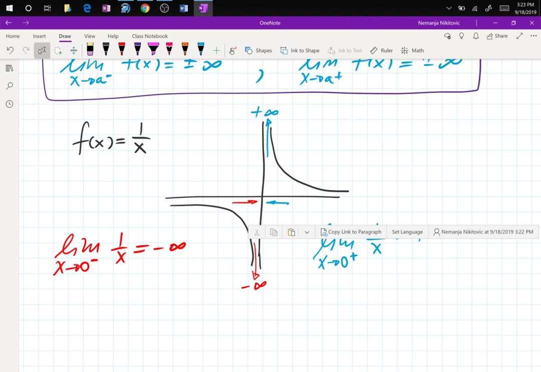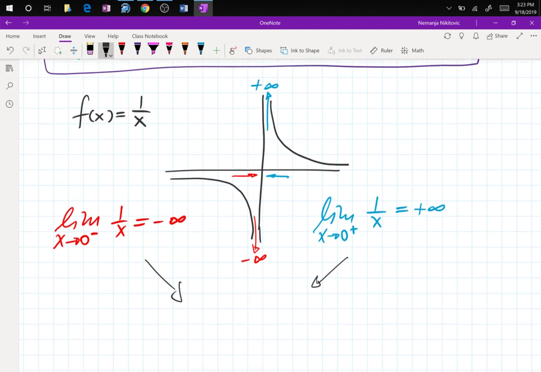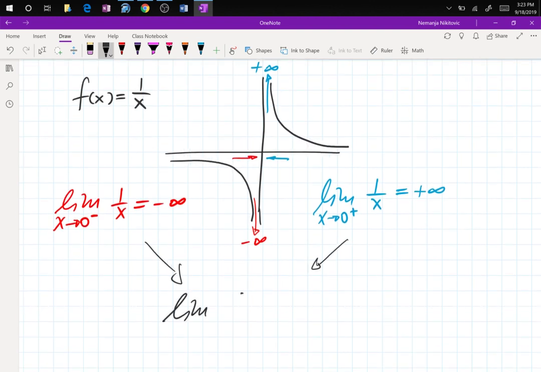So over here we can take these two together and say that the overall limit of 1 over x as x goes to 0 from both sides at the same time does not exist, because the left limit and the right limit did not match. But both one-sided limits were given there: you have negative infinity, you have positive infinity.